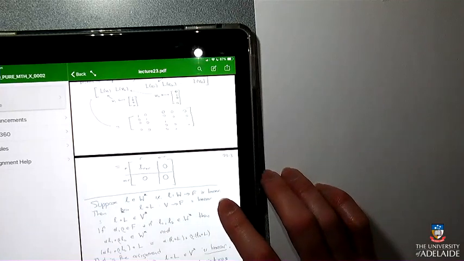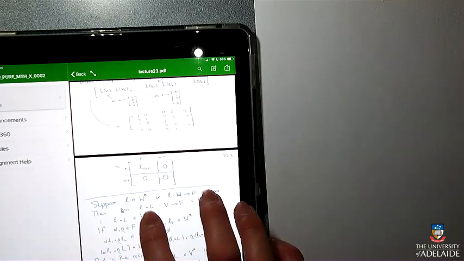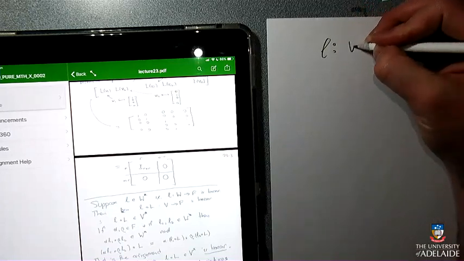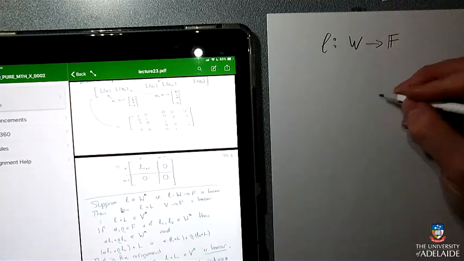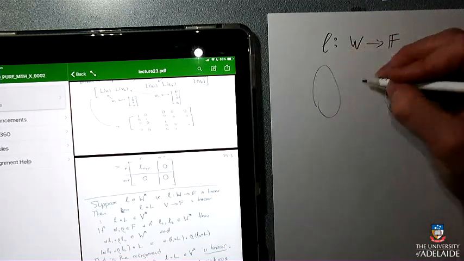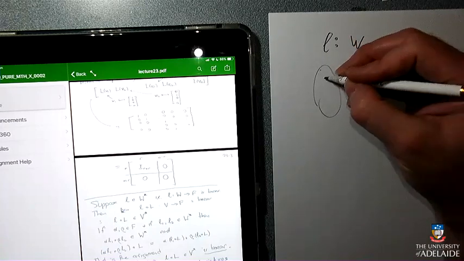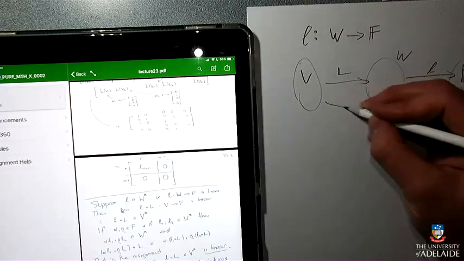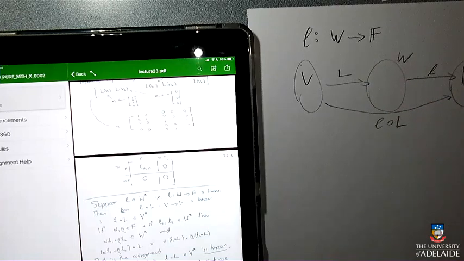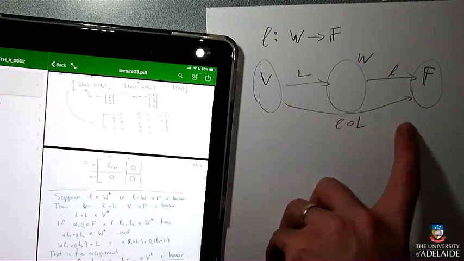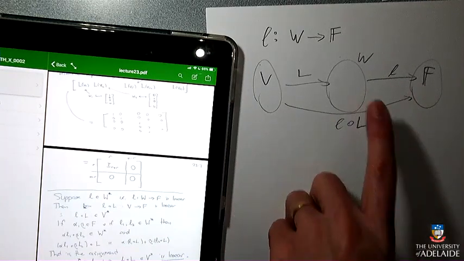So it's a linear functional from W to F. Then l composed with big L, so if L goes to there, then if I do l from V, then l composed with big L is that function that goes from V all the way to F via W. Okay, good.